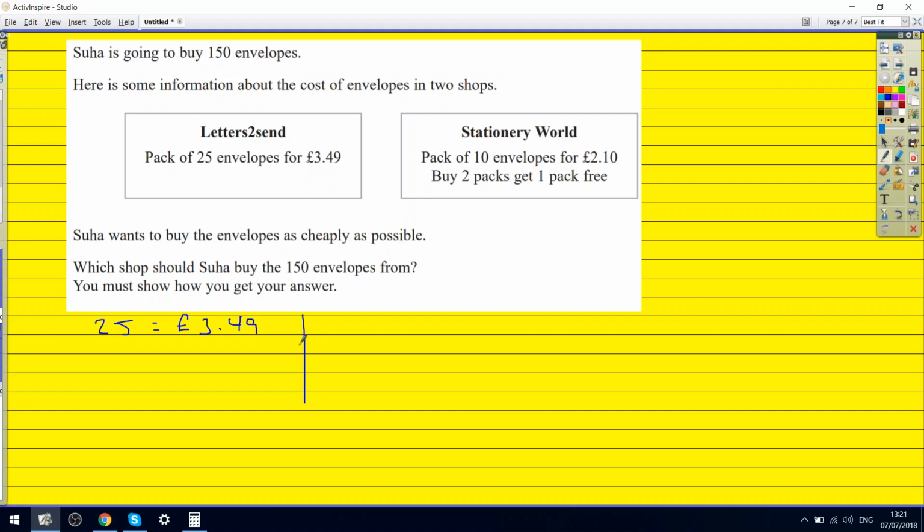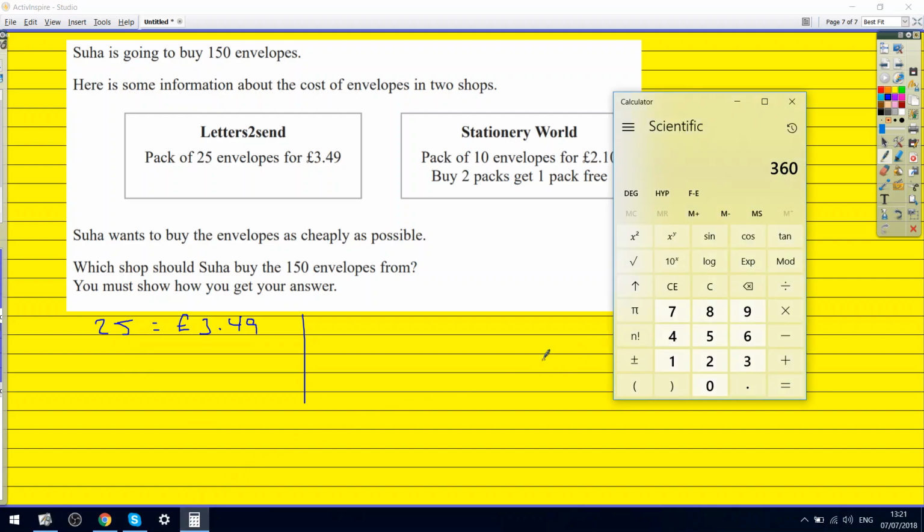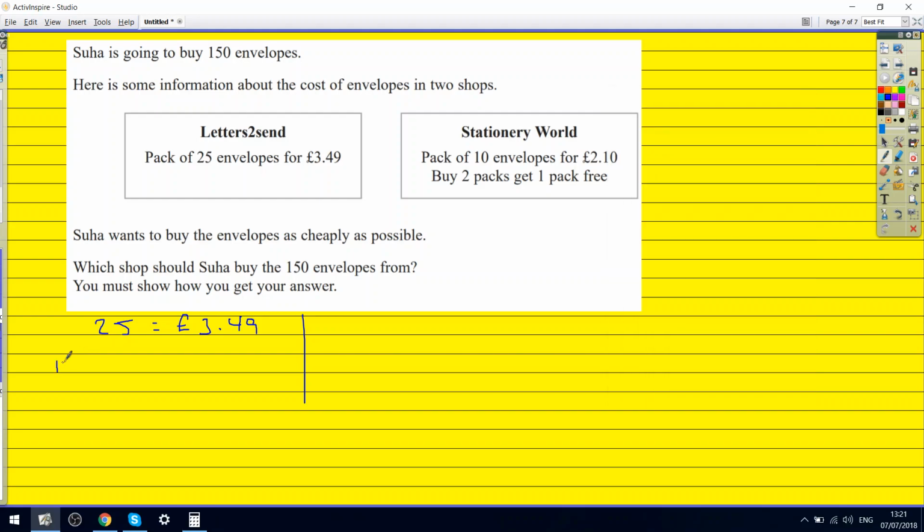Oh, we could times 25 to 150. And how do you figure how many times you have to multiply it? You can divide it, so 150 divided by 25. And that equals 6. And so what do you do next?